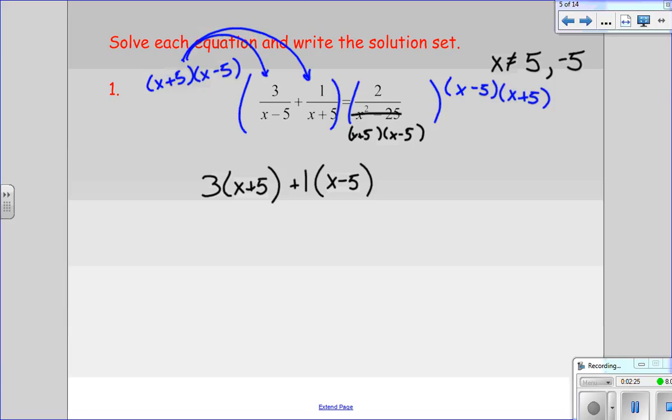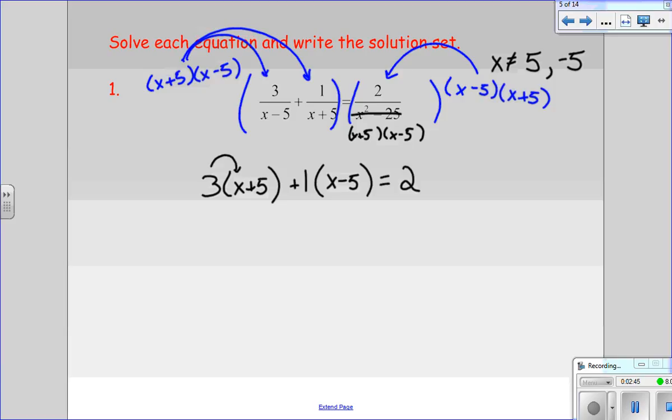Now we carry down our equal sign, and we distribute the x plus 5, x minus 5 to the right side. In this term, both of our binomials cancel, so we are left with just a 2 in the numerator. Now let's distribute where necessary, and then we can solve the equation after that.